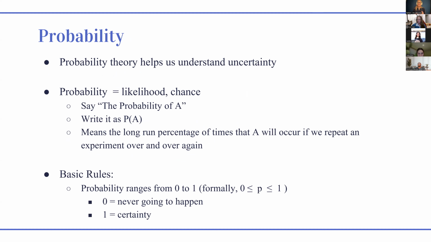Probability theory is the tool that we use to understand this uncertainty. My hope is that when you leave this class, you're going to have a greater understanding of uncertainty and how to make decisions. I know I asked all of you at the beginning of class who studied statistics.